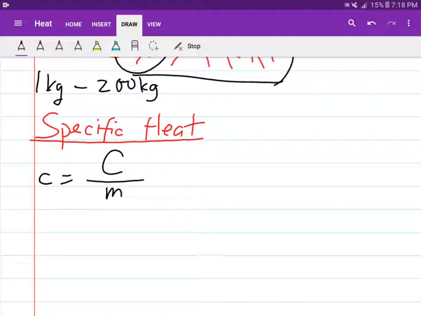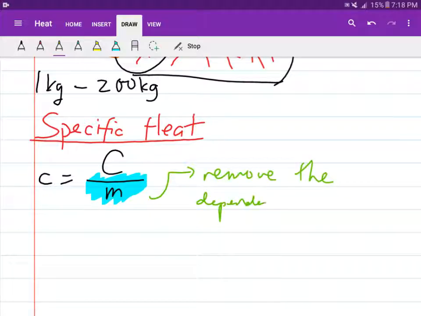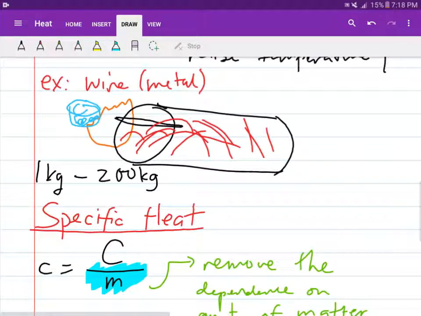So you are removing the dependence on the amount of matter of certain objects. So even if you have a large wire or a small wire, the specific heat will be the same as long as the material is the same.